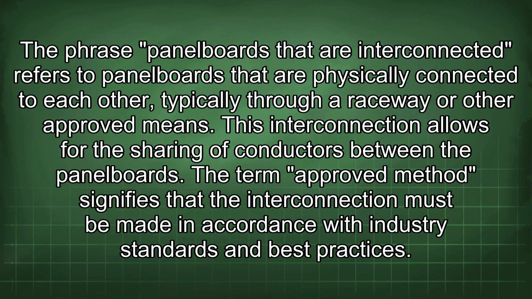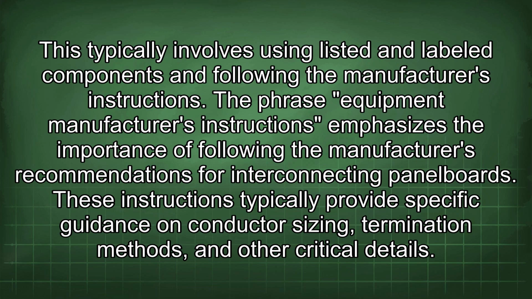The term approved method signifies that the interconnection must be made in accordance with industry standards and best practices. This typically involves using listed and labeled components and following the manufacturer's instructions. The phrase equipment manufacturer's instructions emphasizes the importance of following the manufacturer's recommendations for interconnecting panel boards.